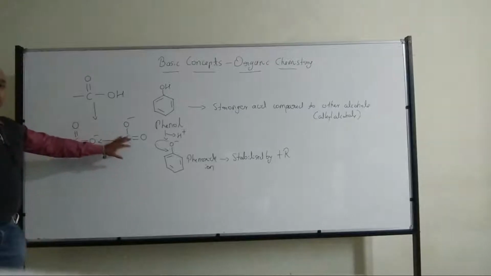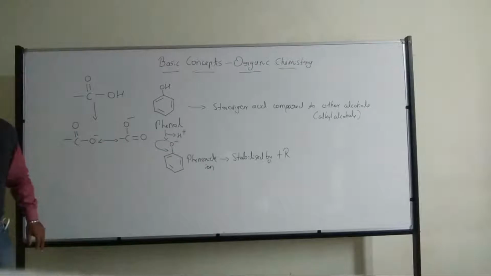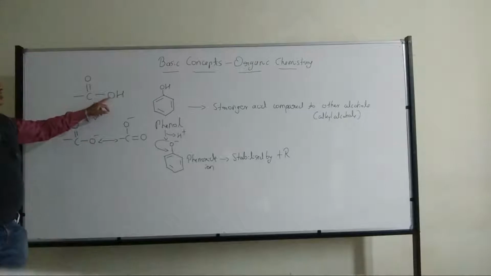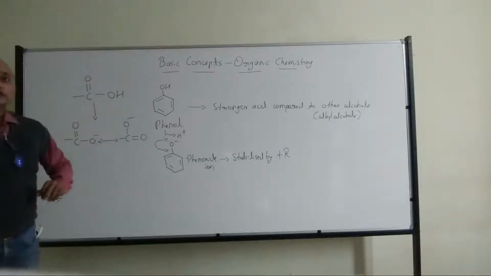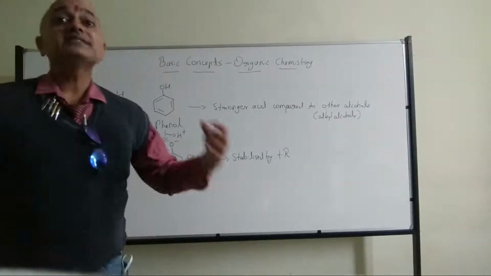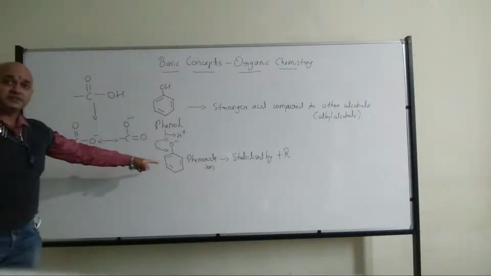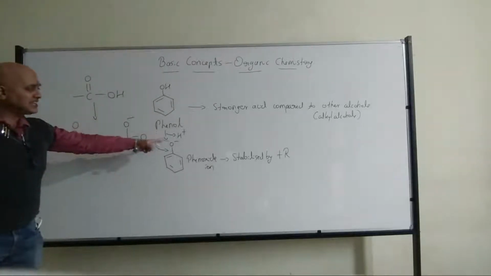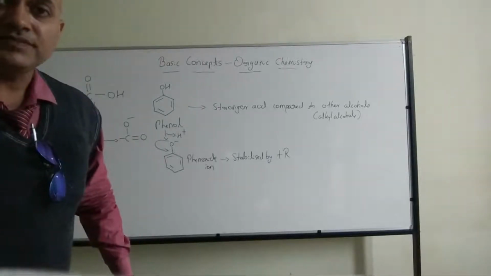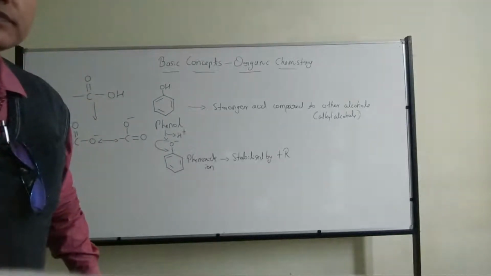Both the forms can be there. So there is a delocalization of pi electrons taking place. But when it comes to carboxylic acid, when H is attached, this cannot be possible. So due to that, carboxylic acid can behave as an acidic functional group, same as phenol, where phenol will donate the H plus and the phenoxide ion will be stabilized by resonance. Fine? Any doubt whatever I have told now?